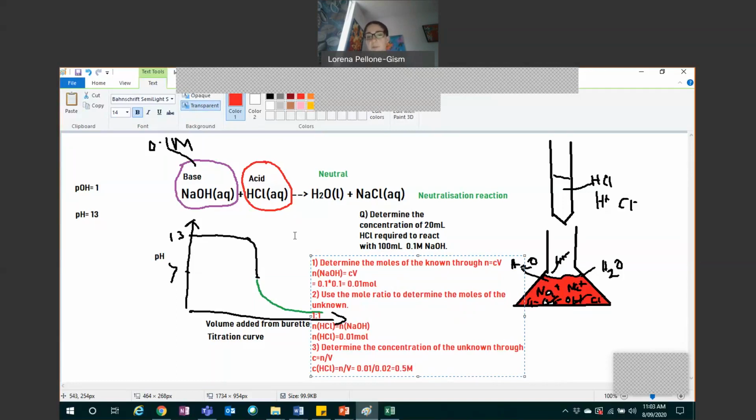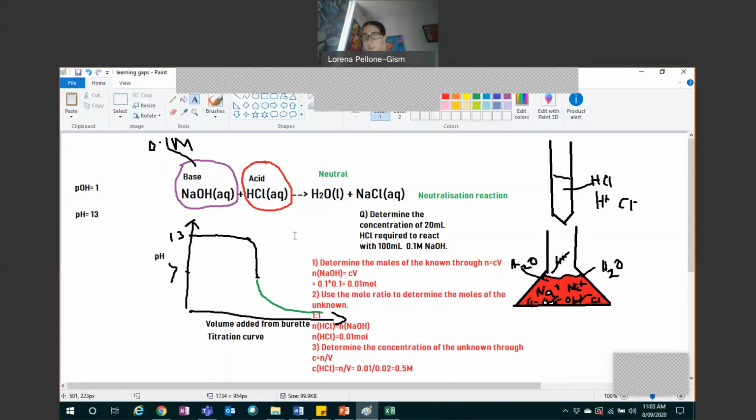So let's just really reflect on this answer that we've obtained to see if it makes sense. The sodium hydroxide concentration was 1/5 of the HCl concentration. Therefore, 5 times the volume was needed to react with the HCl. So you can always use that estimation to help you out with these kinds of questions.